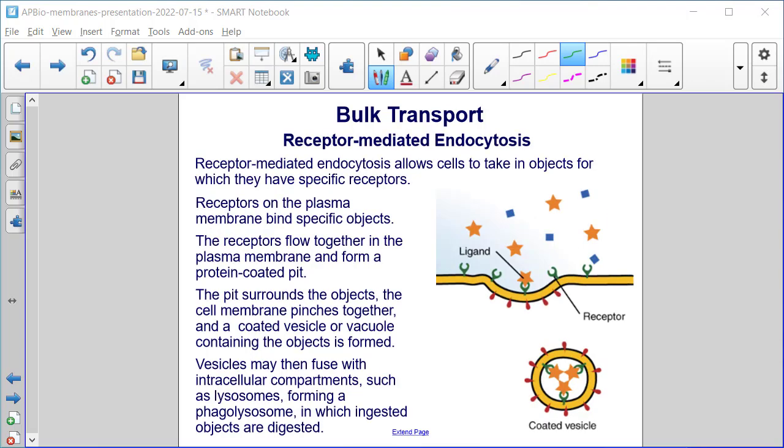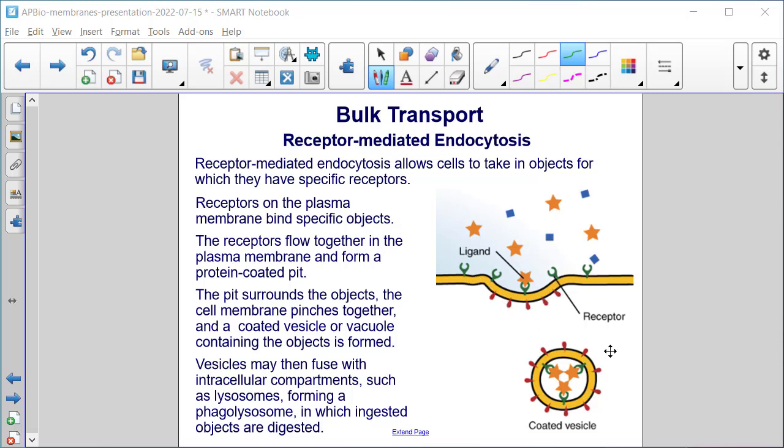Receptor-mediated endocytosis allows cells to take in objects for which they have specific receptors. Receptors on the plasma membrane bind specific objects. You can see these receptors here binding these ligands. The receptors flow together in the plasma membrane and form a protein-coated pit, which you can see here.